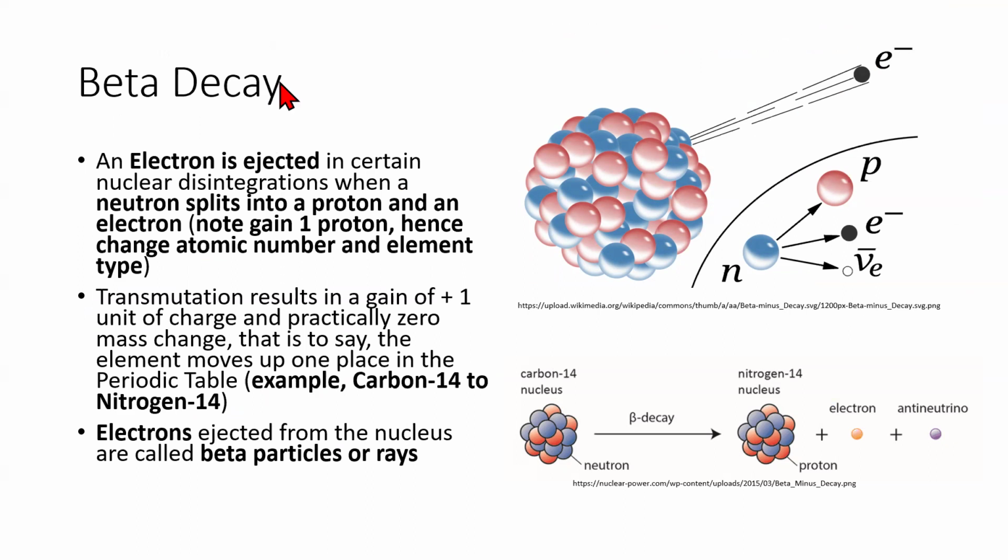The other mode of radioactive decay is beta decay. So this is quite simple. You just have an electron that's being ejected by the atom. So the neutron splits into a proton and an electron.